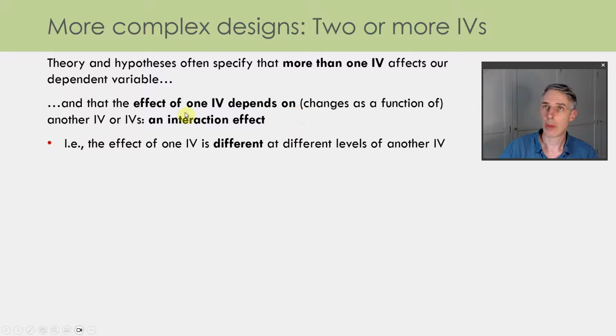So when we hypothesize or theorize something like that, in analysis terms, what we're suggesting is we're expecting an interaction effect, an interaction between two or more independent variables. Okay, so an interaction effect simply reflects our reasoning that the effect of one independent variable will in turn be different at different levels of another independent variable.